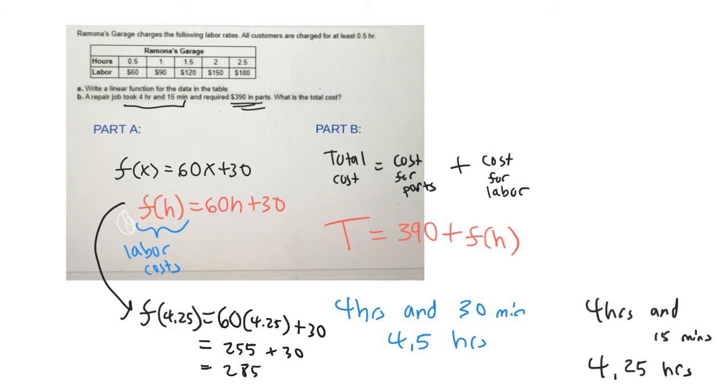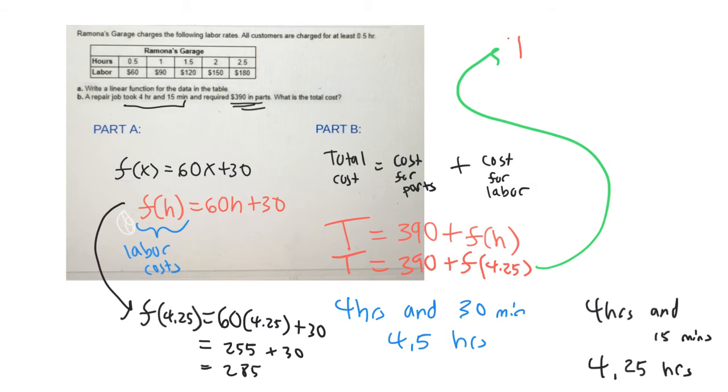Now, for my student at home, just know there's always a slight chance I might make a careless mistake, but so far I don't think I have. So anyway, the bottom line is the total cost is most definitely going to be 390 plus the total cost of labor. Now, in reality, the cost of labor for 4 hours and 15 minutes is going to be F of 4.25. And then I'm going to bring that up here.